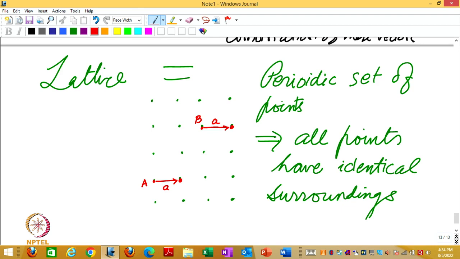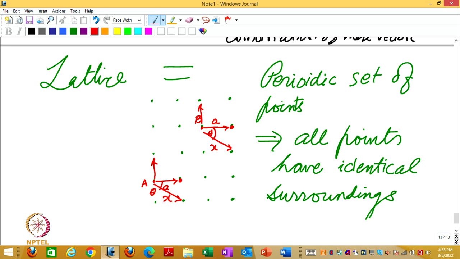That is what is happening, and not only in one direction. If I go in the vertical direction, from here also I can go in the vertical direction. If I go at some angle and the same distance, I will again arrive at an identical neighbor.